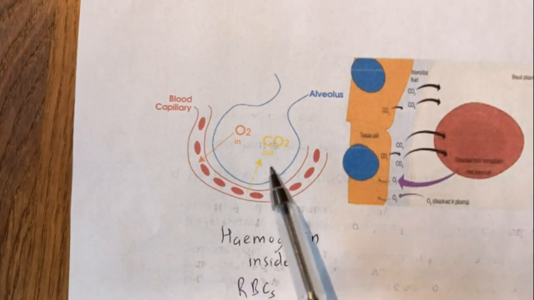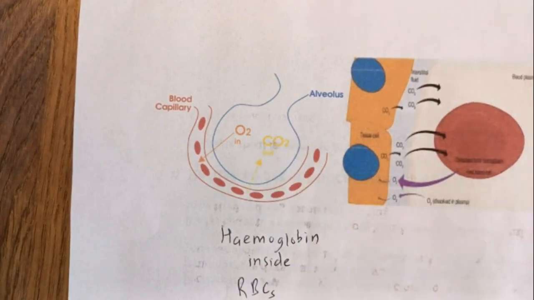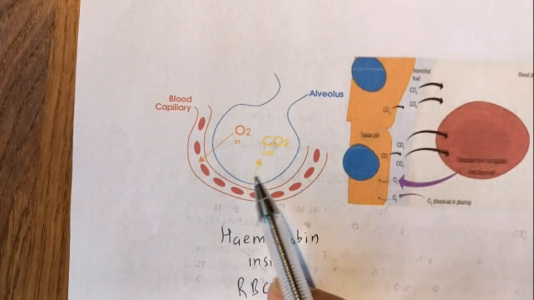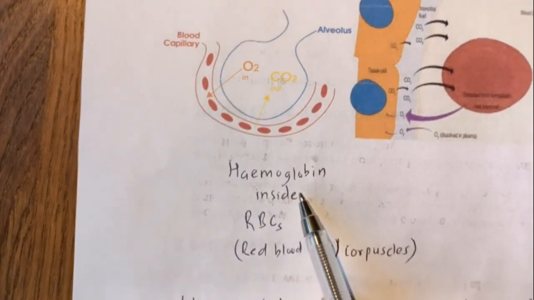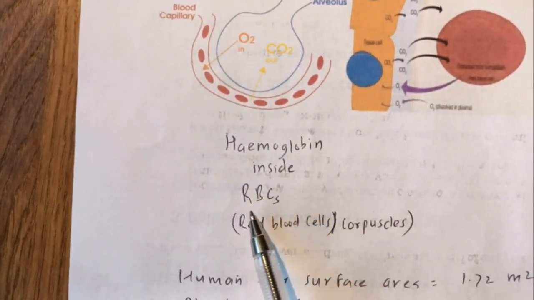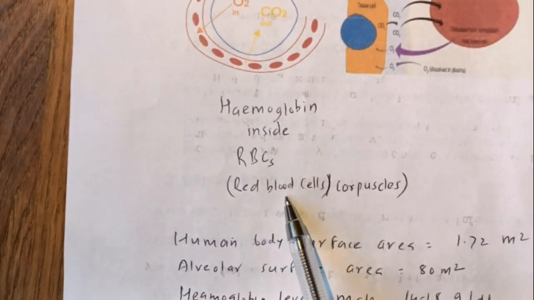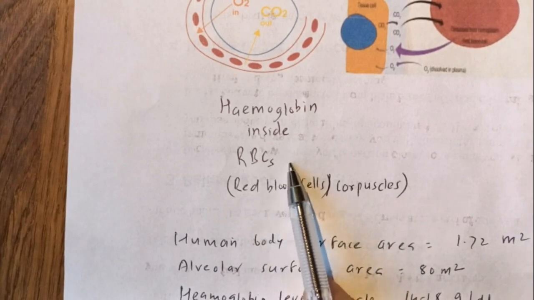That's why it is mostly transported in the blood as dissolved carbon dioxide. So that is about diffusion and the blood pigment, hemoglobin. Most hemoglobin is inside the cells called red blood corpuscles or red blood cells, RBCs.